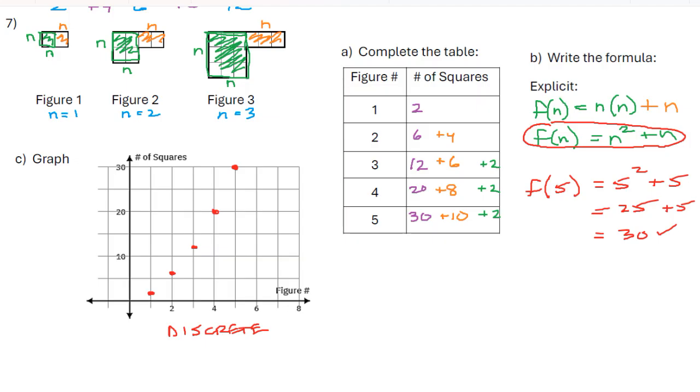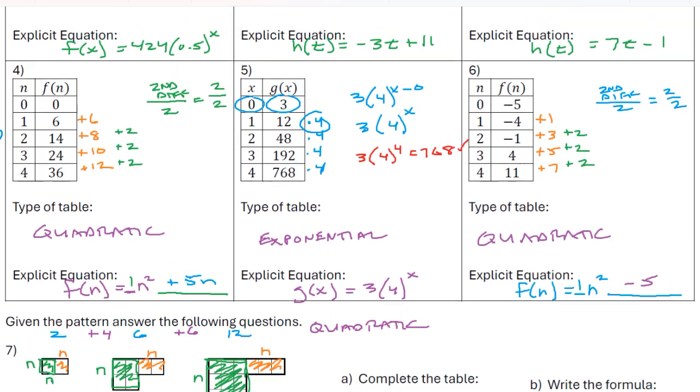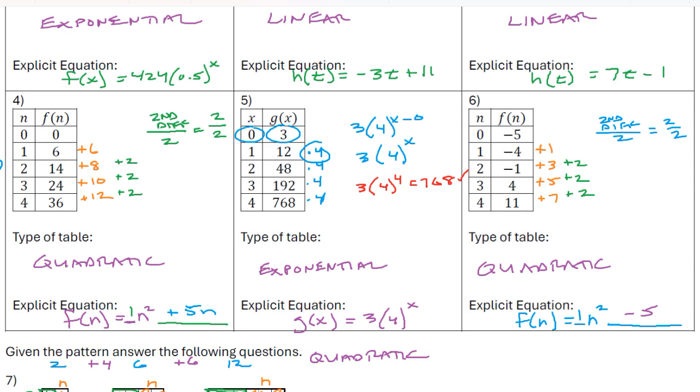There is question number 7, how to find the equation, in this case using pattern recognition, or finding squares or rectangles that we can represent with the figure number n, and then just figure out what the leftovers are, and those show up right here. Again, if you look at the consistency between that and these questions up here, take a look at number 6.